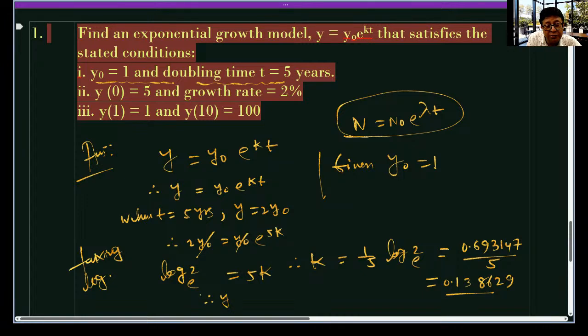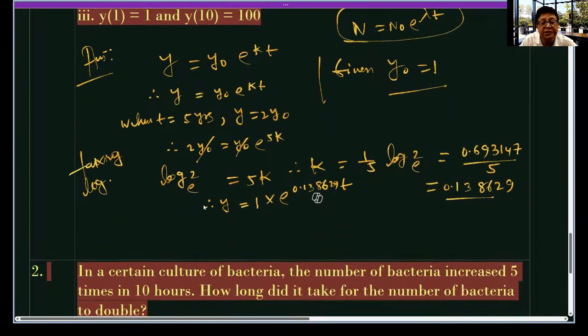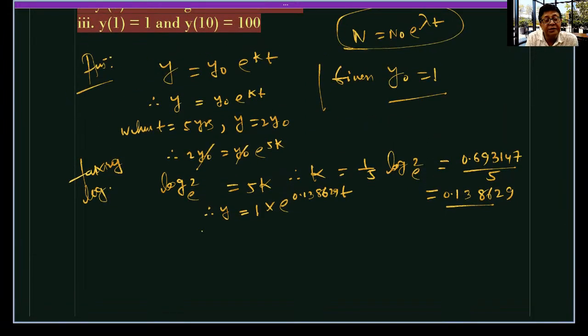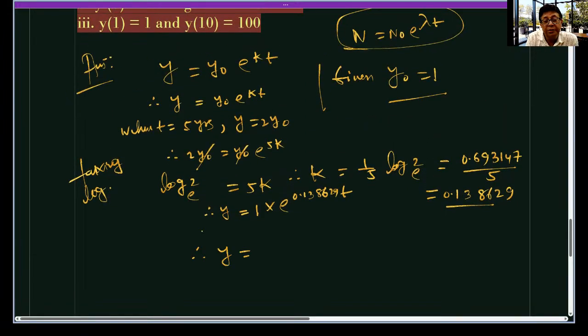So y equal to y0, and y0 they have given as 1, e to the power k t, k we got. This is the required thing. Clear? Hope you have understood. So the required growth model is y equal to e to the power 0.138629 t.